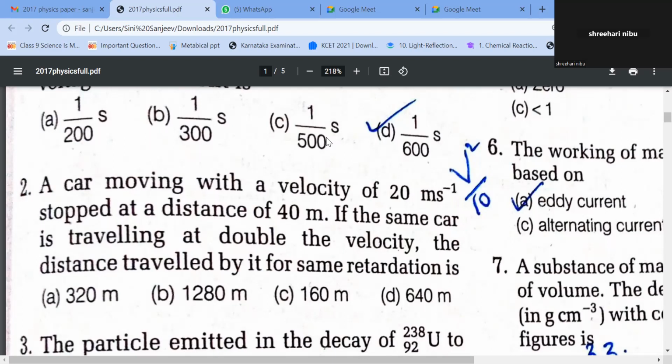V square minus U square is equal to 2AS. Yes, use that only, the third equation of motion.